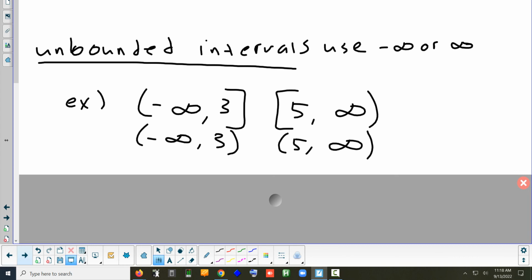Is it possible to have an unbounded closed interval? No, because unbounded means it has infinity. If you have infinity, you automatically have to put a parenthesis on it, which means it's open. So you cannot have an unbounded closed interval. You can have an unbounded half closed or half open. You can have an unbounded fully open, but it can't be closed.